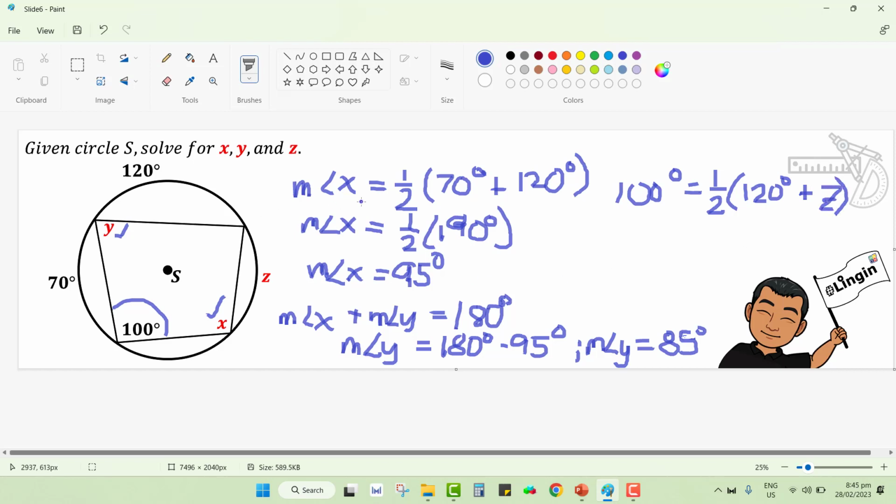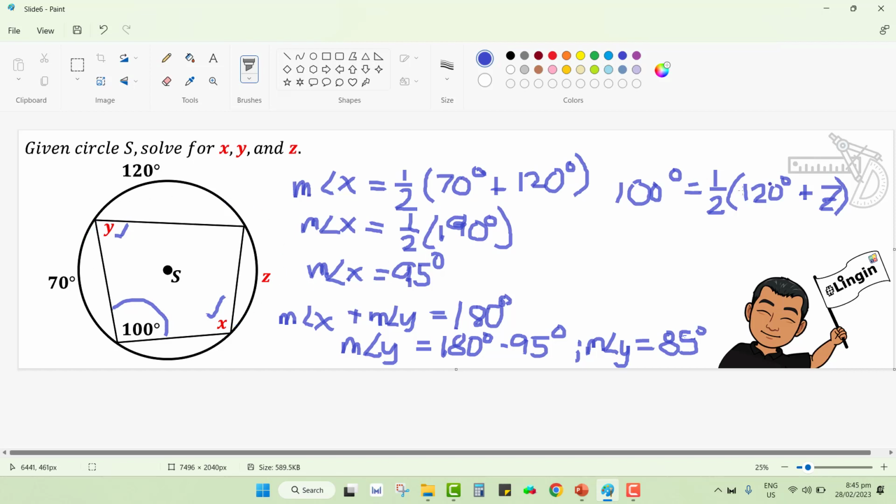Again, this is similar to the measurement of angle x earlier, being the inscribed angle, but now what we don't know is one of its intercepted arcs.